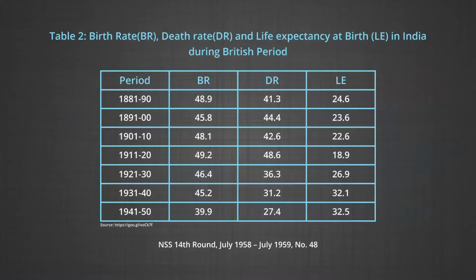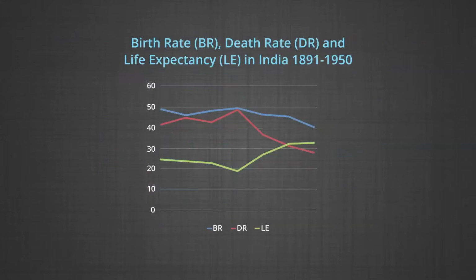Subsequently, every 10 years, such census operations were carried out. It can be easily verified that between 1881 to 1921, India was in the first stage of demographic transition. During this period, the growth of population was negligible as both birth and death rates were very high and close to each other. The second stage of demographic transition began after 1921, which witnessed higher growth of population.